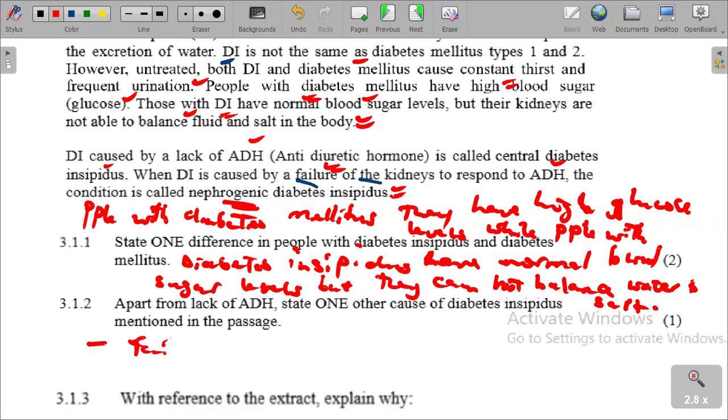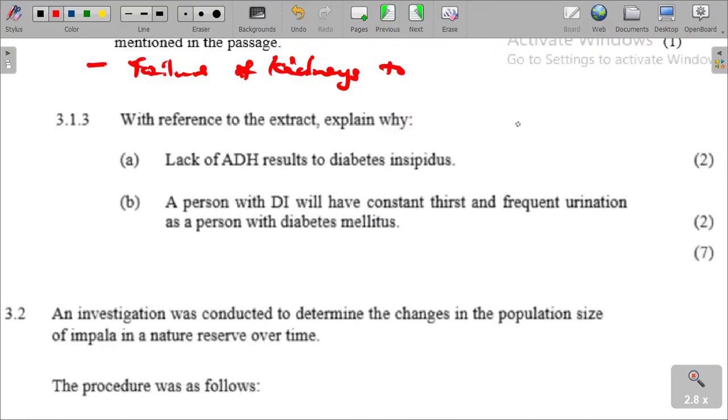Failure of the kidneys to respond to ADH, which is nephrogenic diabetes insipidus.